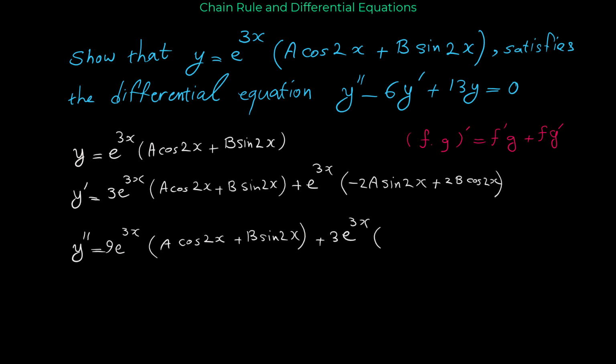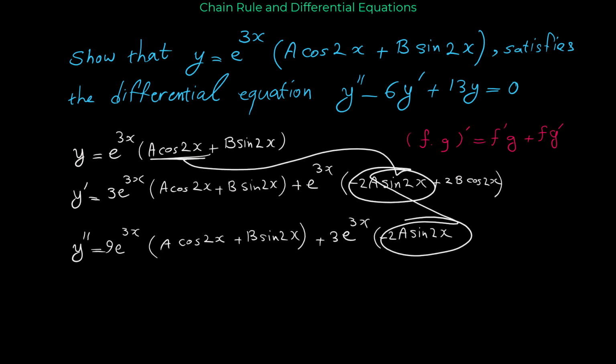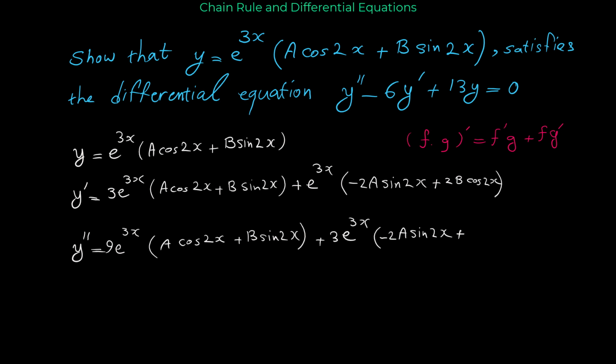So finally, its derivative is negative 2a sine 2x. Also, we got the derivative of a cosine 2x here, so it's the same answer as you can see. Plus, what is the derivative of b sine 2x? We got it here, it is 2b cosine 2x.